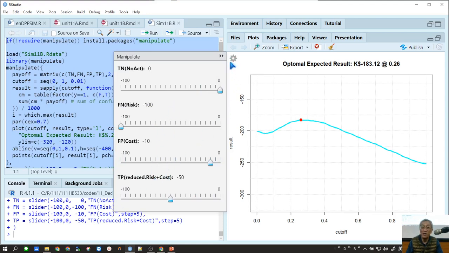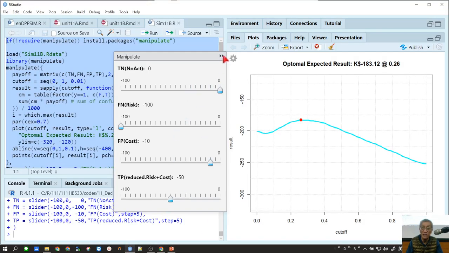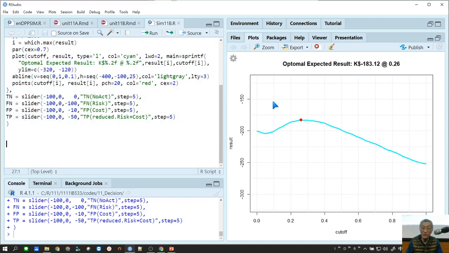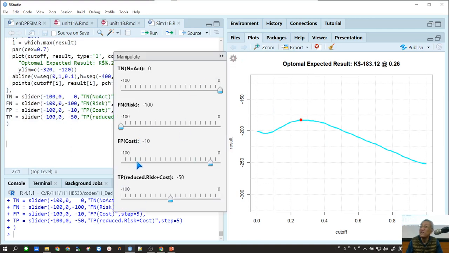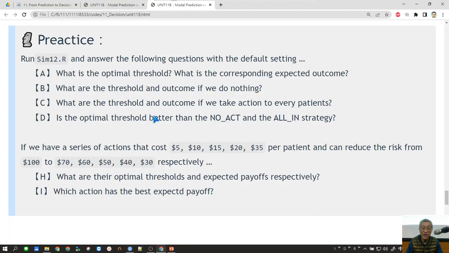I want you to answer the first set of questions with the default setting. You just run the simulator and don't change the payoff matrix. Just keep it the way it is, okay? And I want you to answer this question.